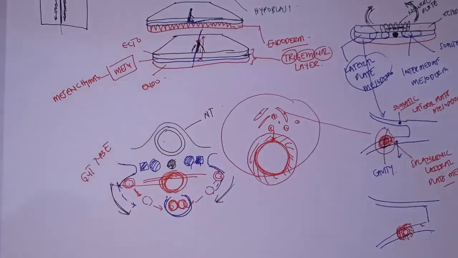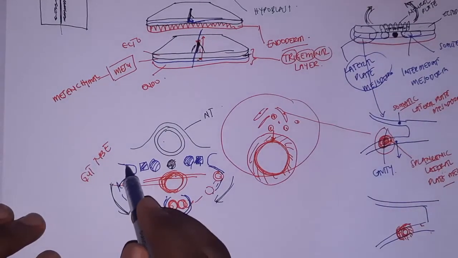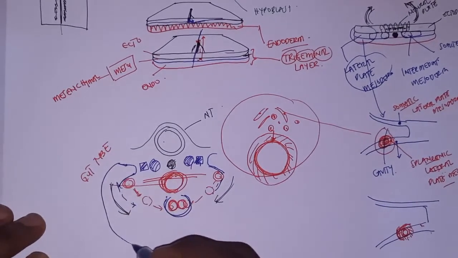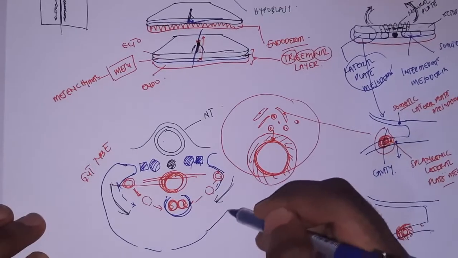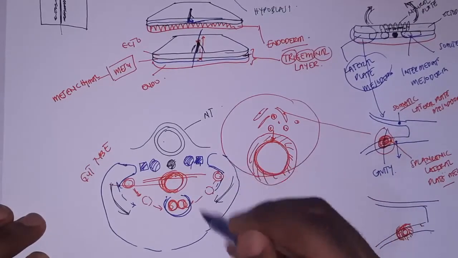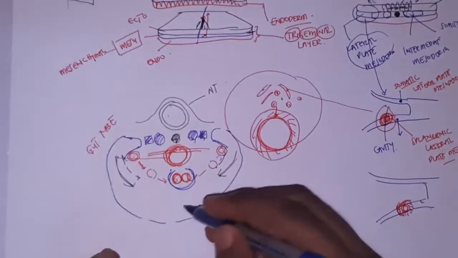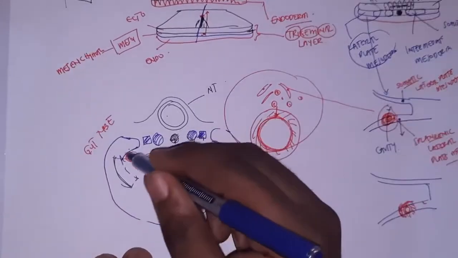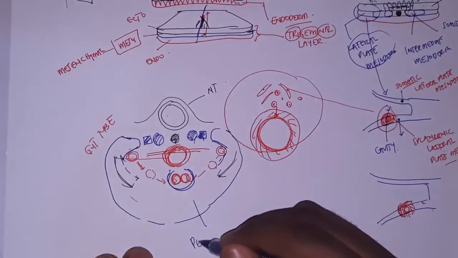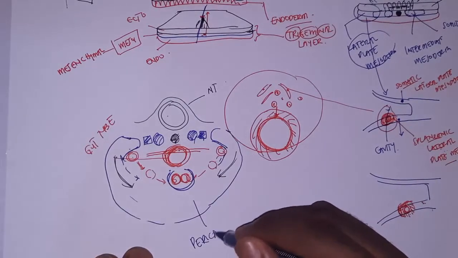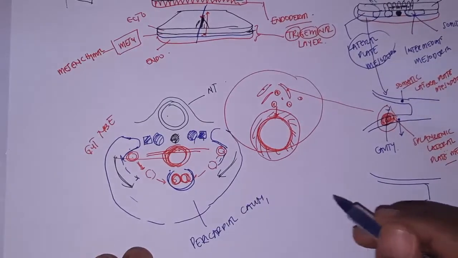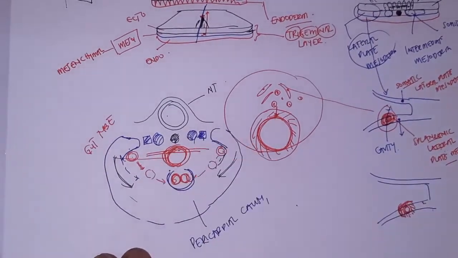Now, this somatic mesoderm is also going to fold this way. This is going to fold here, and they are going to join, such that this space that was by the side here now becomes the pericardial cavity. Okay, so this is a little bit rough. So let me draw this smoothly.